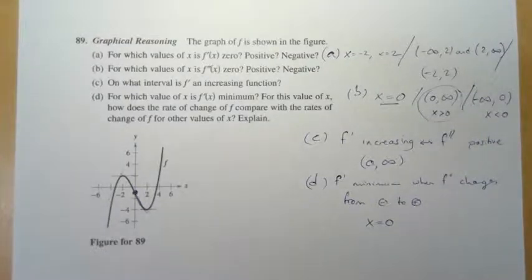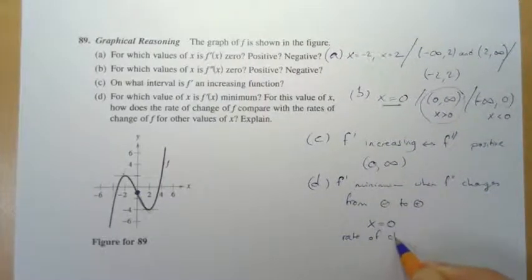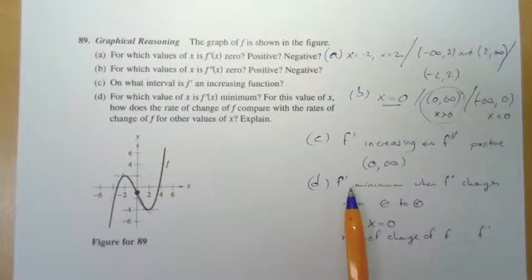For this value of x, so for x equals 0, how does the rate of change of f compare with the rates of change of f for other values of x? The rate of change of f, that's f prime. So we just found the minimum of f prime.